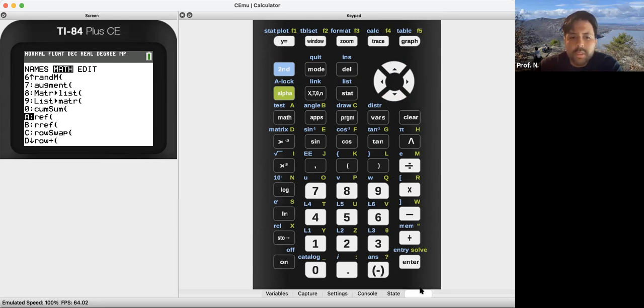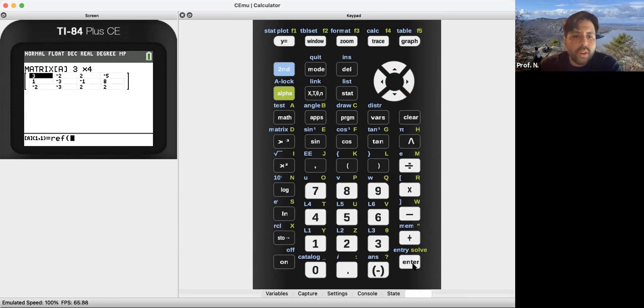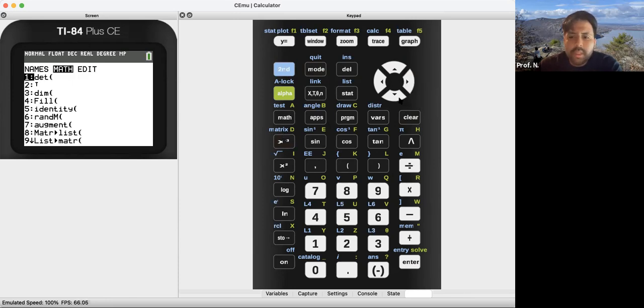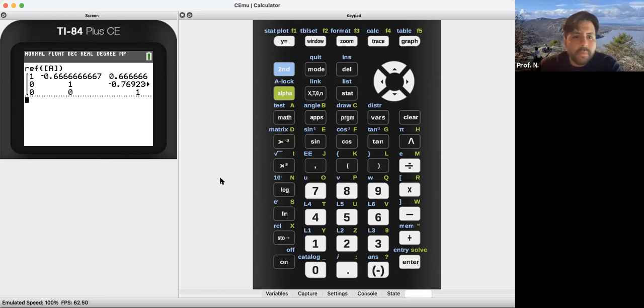So let's see what they give us for REF. So if I do REF, whoops, shouldn't be here. I should be in the main page. So go again to second matrix and then go math, then go to REF. So the REF, and then we're going to use second matrix A. So when we close parentheses, what do we get?